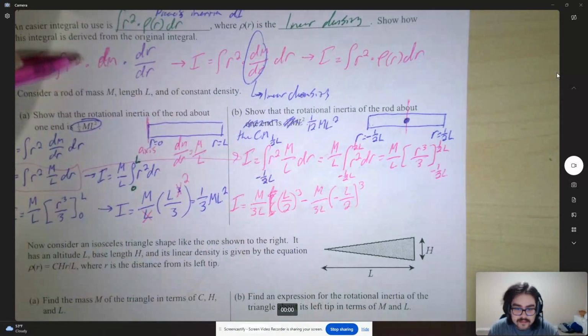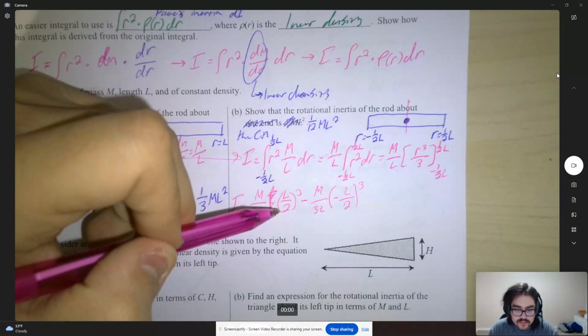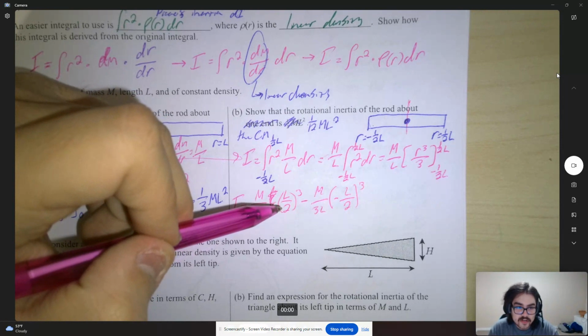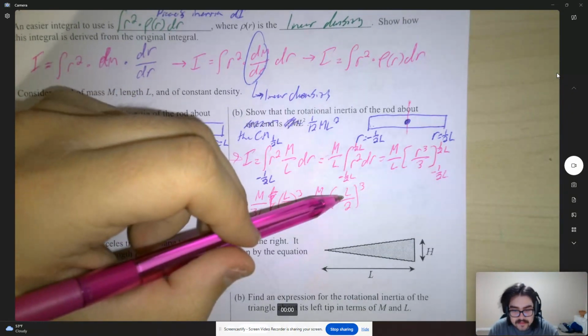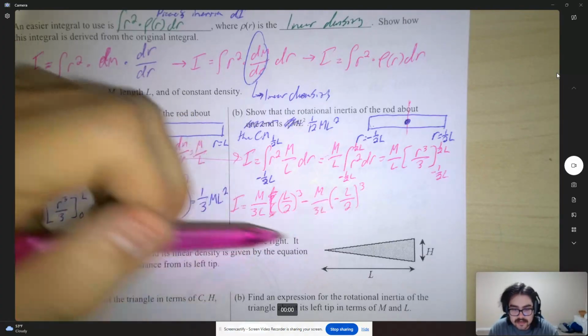And then when I end up doing this, you're going to notice L over 2 cubed is going to be L cubed over 8, and it's going to be L cubed over 8 as well.